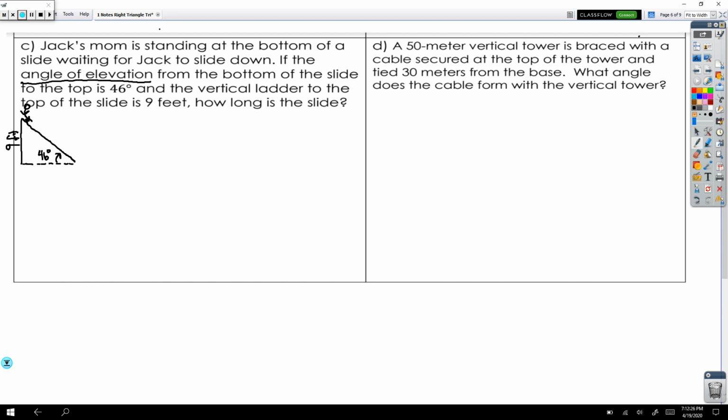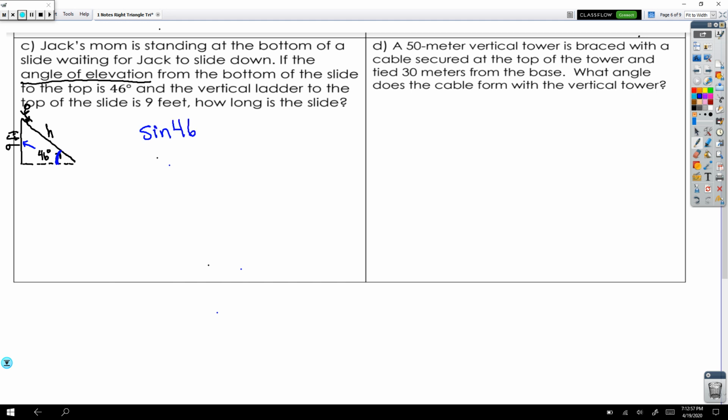All right. And it's asking us this time how long the slide is. So this time, we're finding this hypotenuse. So let's think about the trig function we want to utilize. So here is my angle, okay? So we're using the 46 degrees, and I have the opposite side and the hypotenuse. So for this problem, I want to make use of sine.